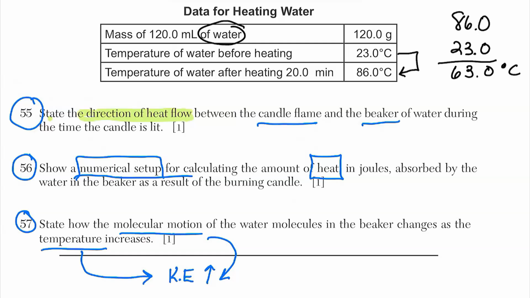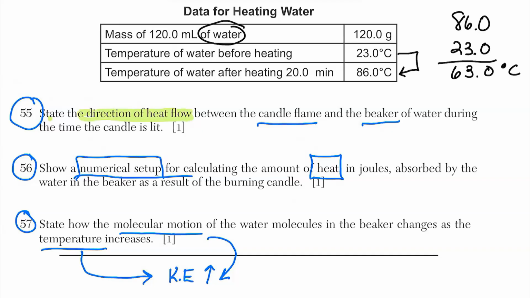So state how the molecular motion of the water changes as temperature increases. My friends, it increases. Temperature, you should know, is proportionate to the average kinetic energy. This is going to be presented to you in some place in your question. I've seen multiple choice questions where they say, which of the following has the highest average kinetic energy? You'd pick the higher temperature no matter what size, because it's an average.